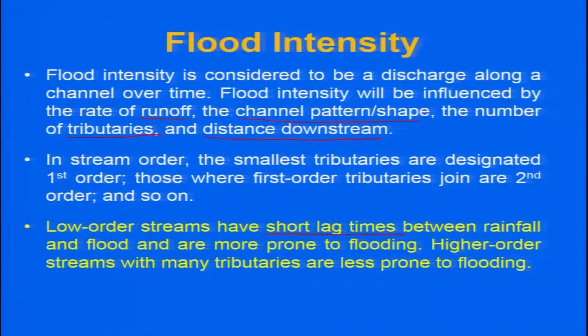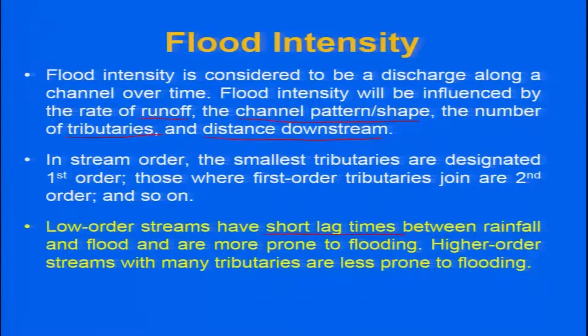So if you are having a greater number of lower order streams, then you will be able to see that the peak discharge or the hydrograph will be very sharp, or the flooding conditions will be very quick between the rainfall and the flood events.